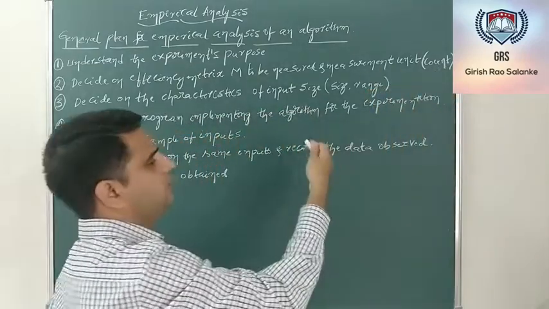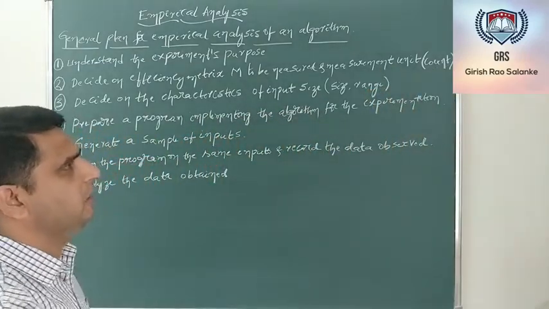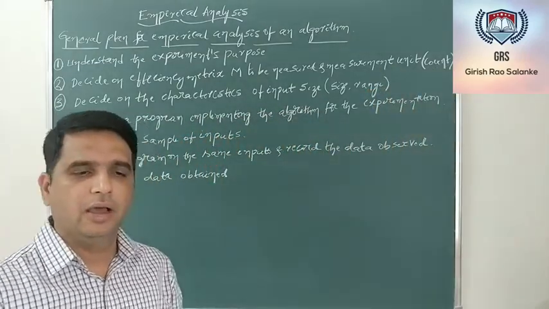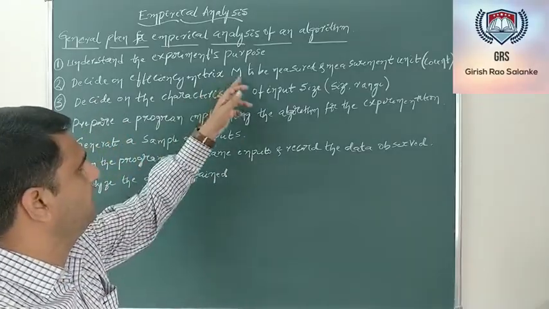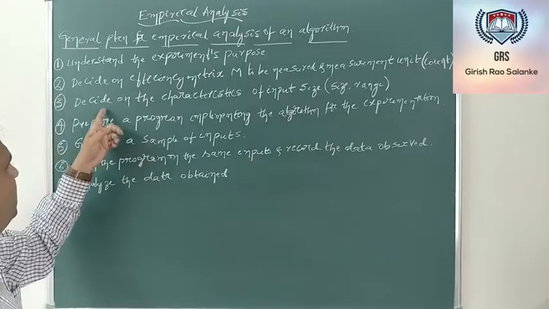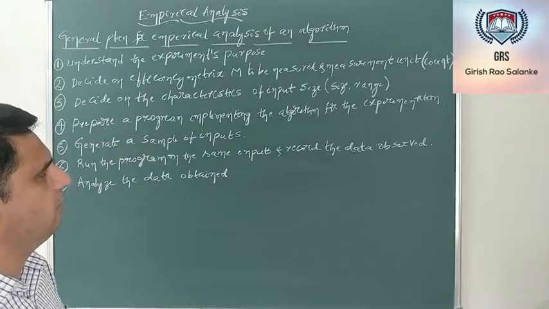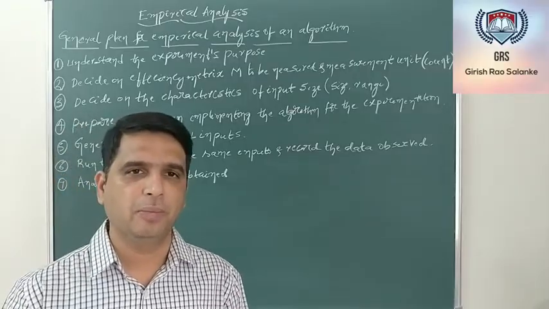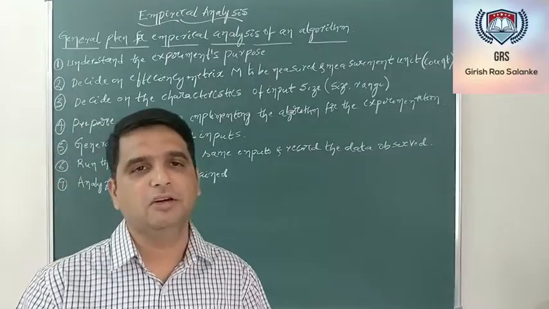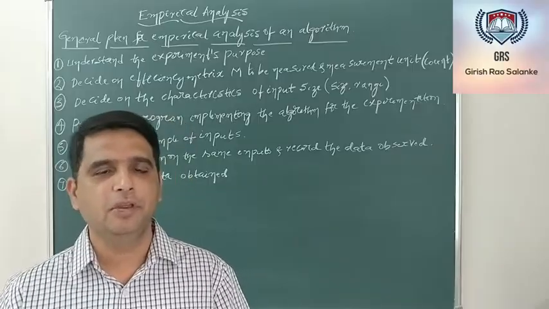How many times this count gets executed is stored in a metric denoted with M. Third, I need to decide on the characteristics of the input size. That means what input I am going to supply, that is the size of the input, or the range of input that I am going to supply to my algorithm.